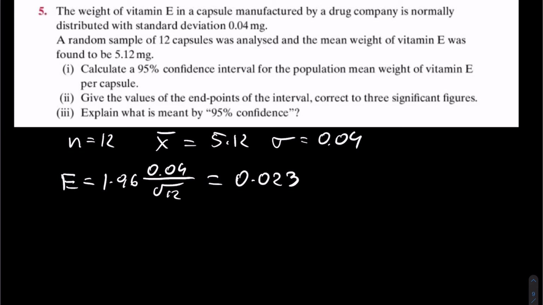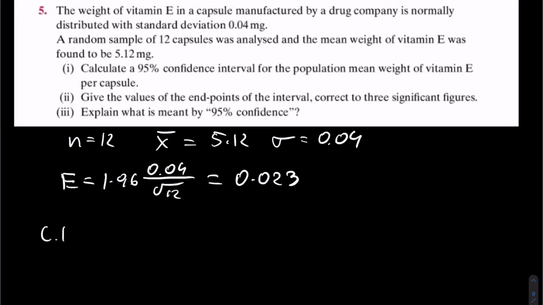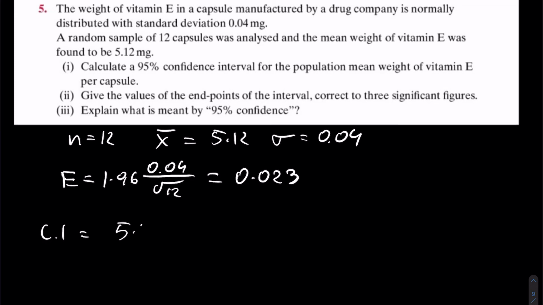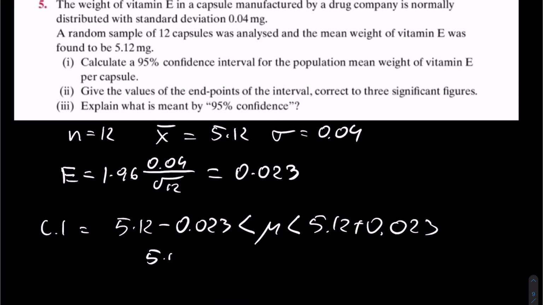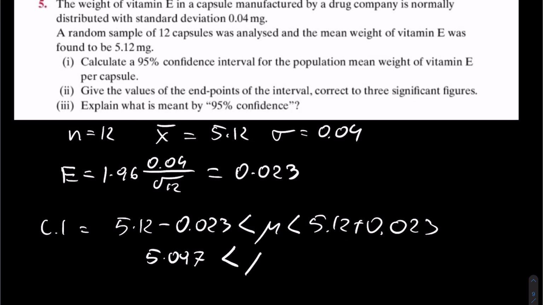0.023. So then the confidence interval is equal to the sample mean 5.12 minus 0.023, 5.12 plus 0.023, which then will turn to be 5.097 less than the mean, less than 5.143.